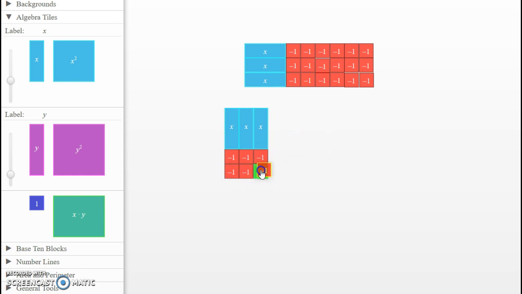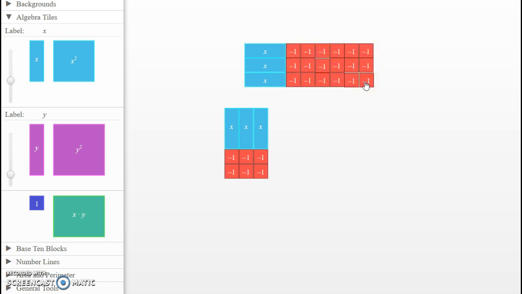But we're still going to get the same result if I were to add more of them down here. So B is good. Is this the same as 3x minus 18? Well, if I count all my pieces, here's 1, 2, 3x, 3, 6, 9, 12, 15, negative 18.